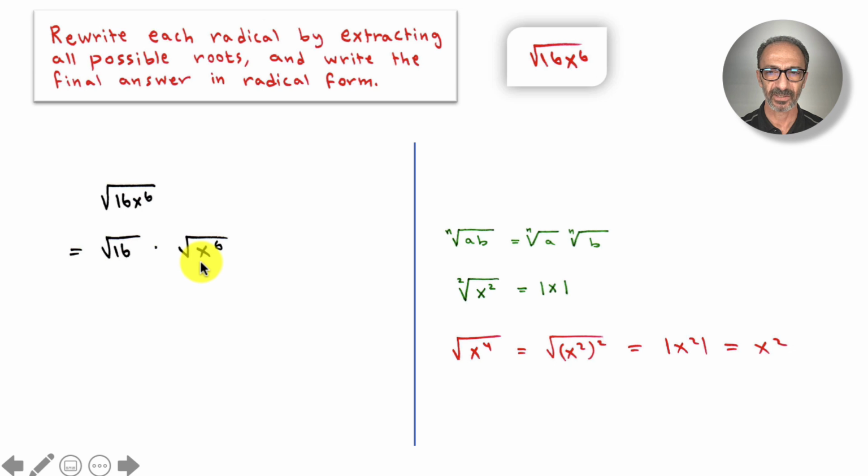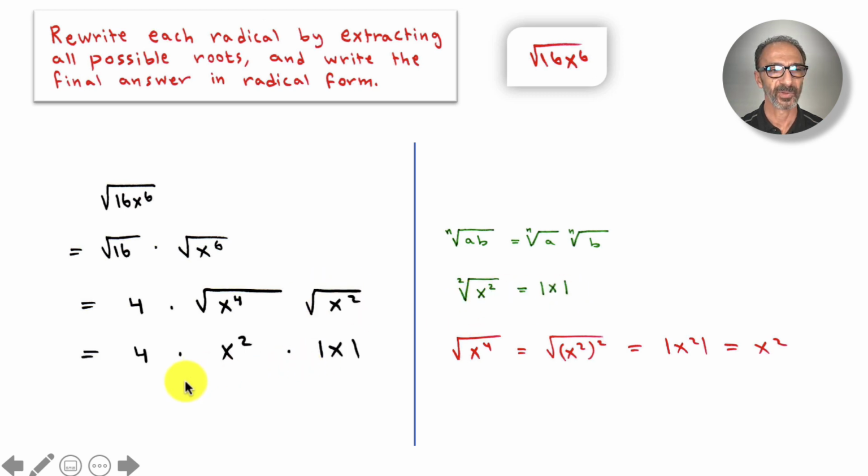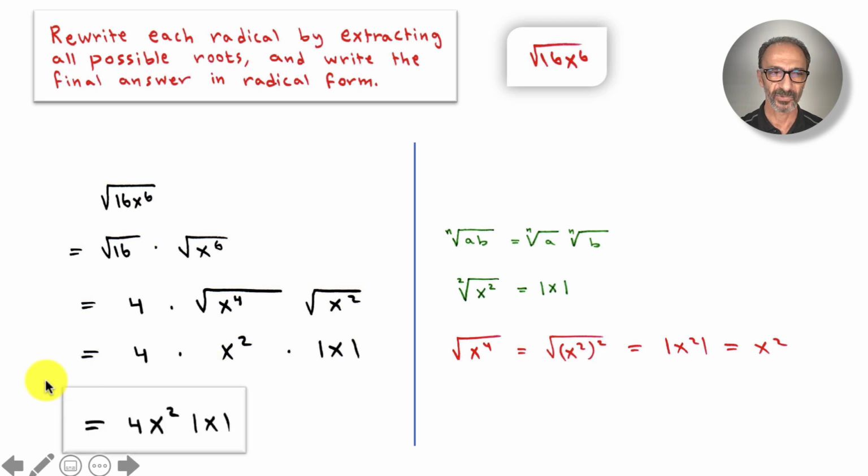Square root of x to the 6 could be split into x to the 4 and x to the second. That is something we covered. And that is also something we covered, which is right there. So we have that. And we're done. Just by writing it in short without the dots in between.